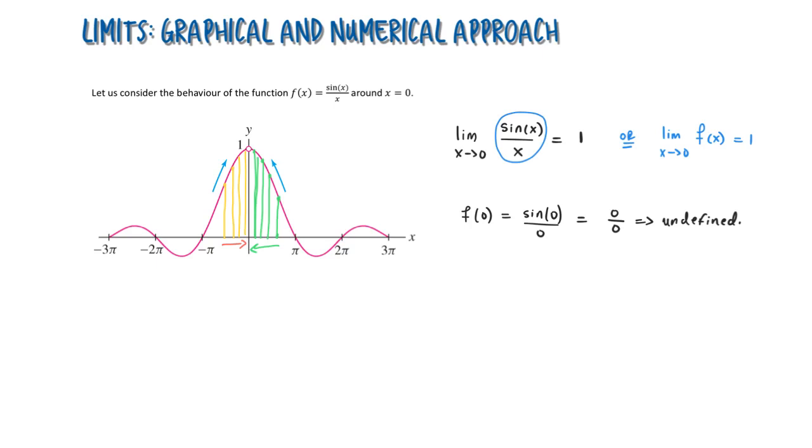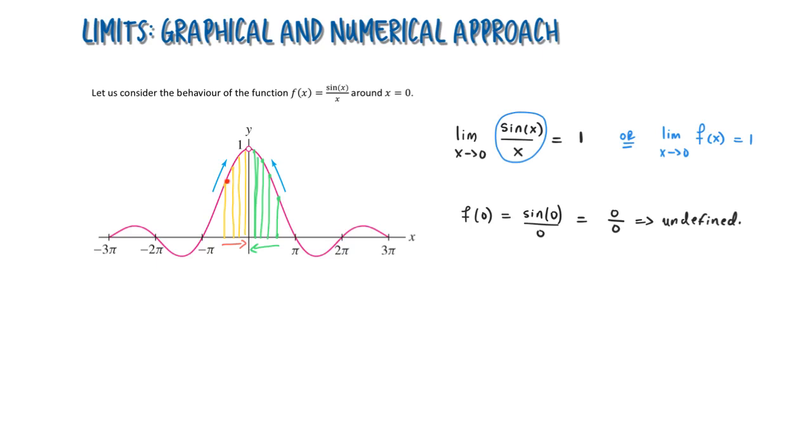Because again, emphasizing, the limit is a neighborhood concept. You are analyzing what happens around 0, really close to 0. We don't care what happens at 0. The function may not be defined at 0, like in this case. What we care about is for the function to be defined slightly to the left of 0 and slightly to the right of 0.